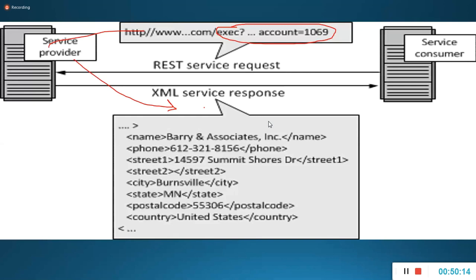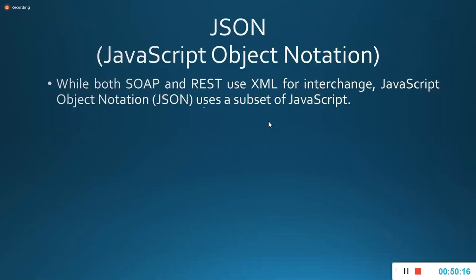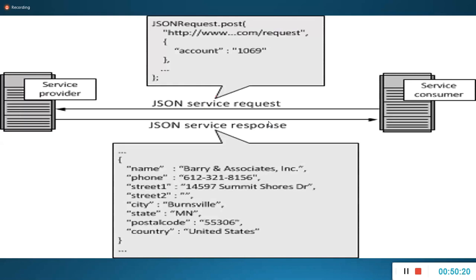But these days, all the technologies are preferring JSON, JavaScript Object Notation. In JSON, the request will be in JSON form, and the response also will be in JSON form. So this is generally the three specifications of web service.